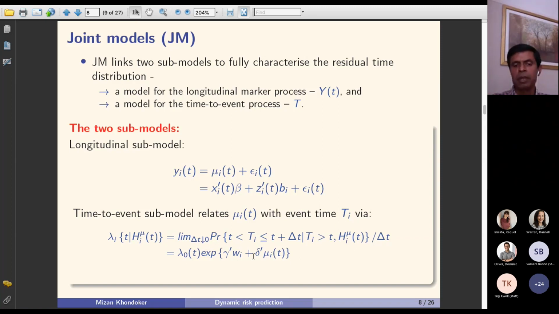It looks like a time-dependent Cox model, but this mu_i(t) here is actually an unknown quantity. So this is the true value of the longitudinal process. That's why, for estimating that model, you need to jointly model the longitudinal process as well as the time-to-event process. So this is why it is called a joint model.